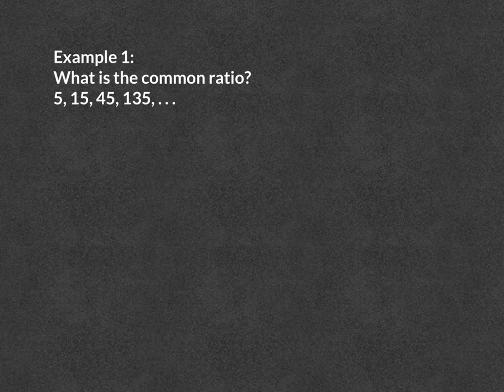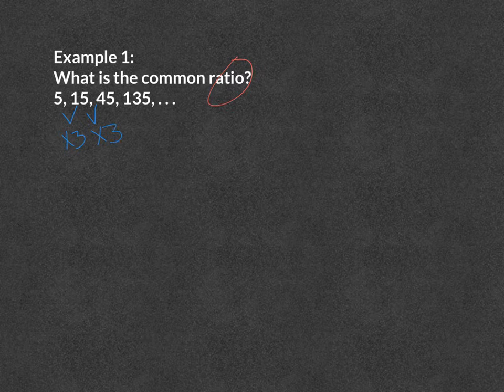Example number 1. What is the common ratio? 5, 15, 45, 135. So here we are looking for the common ratio. The idea of a geometric sequence is that it progresses with multiplication. So 5 times something will give me 15. That'll be times 3. 15 times something will give me 45.